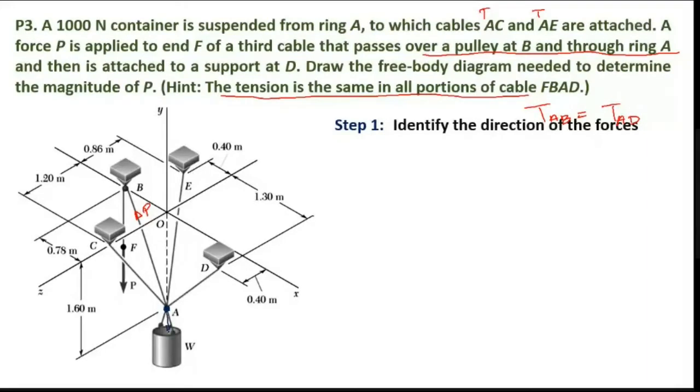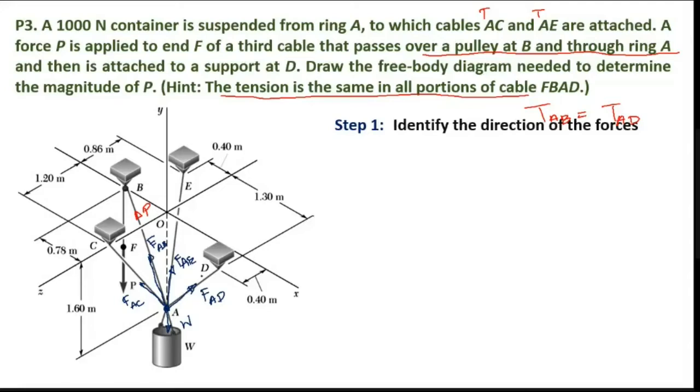I have W, which is acting downward, FAD, from A to D, FAE, another force, and FAB and FAC. These are my directions.